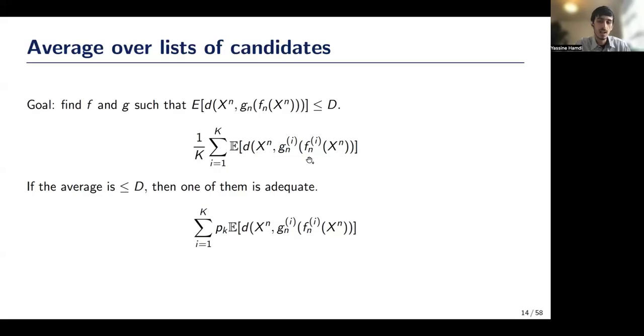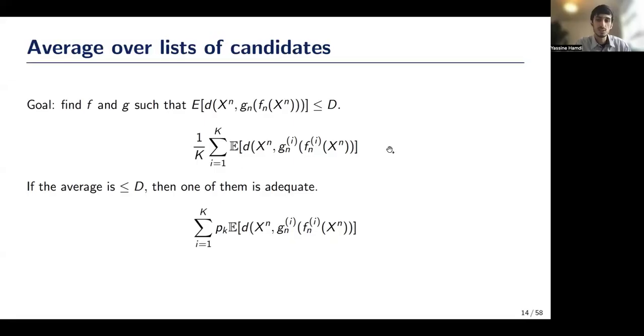So the idea is, I might not know exactly what is the expectation for a given choice of G and F, but I might be able to know that at least there exists a good G and a good F somewhere in this family of choices.